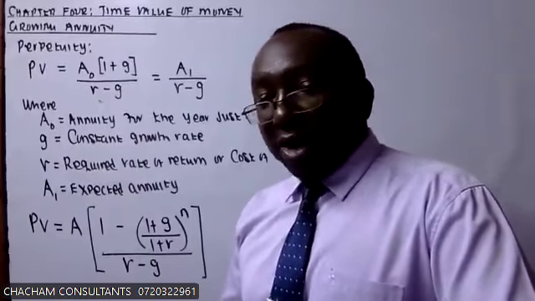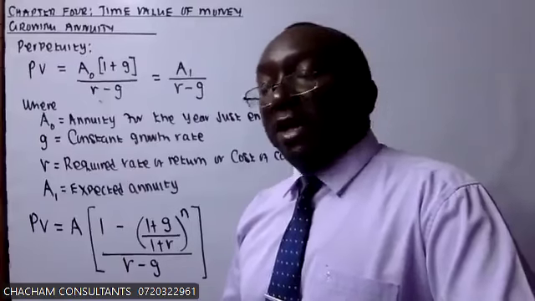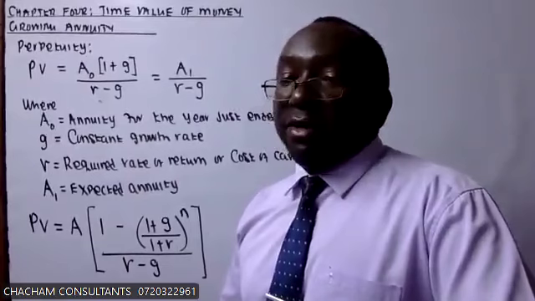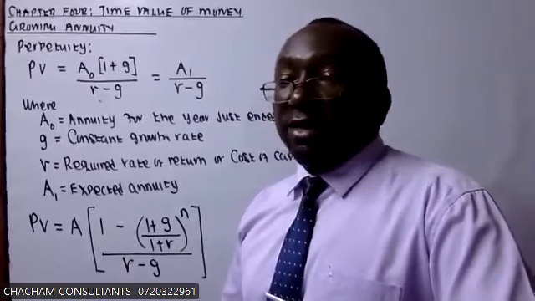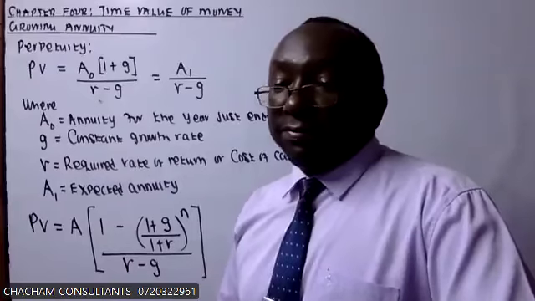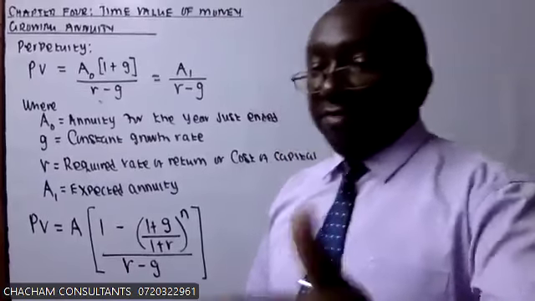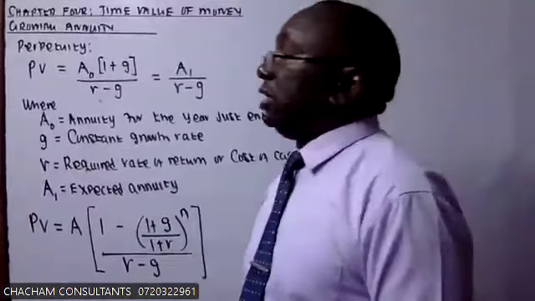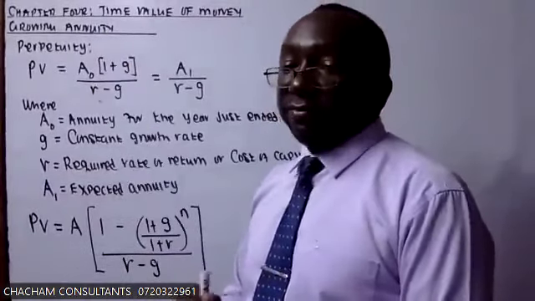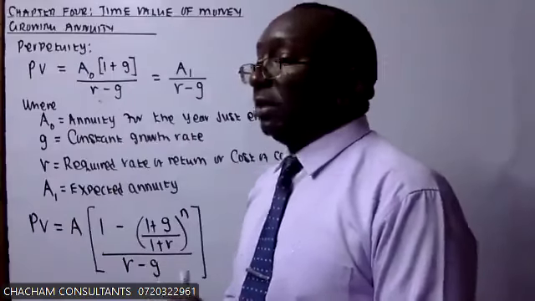So hii mwaka ameweka 1.5, hiyo mwaka ingine aweke 1.6, hiyo mwaka ingine aweke maybe 1.9, hiyo ingine aweke rather 2 billion. Yeah, so if they are growing, then we need to see how do you get the future value? How do you get the present value of that amount?